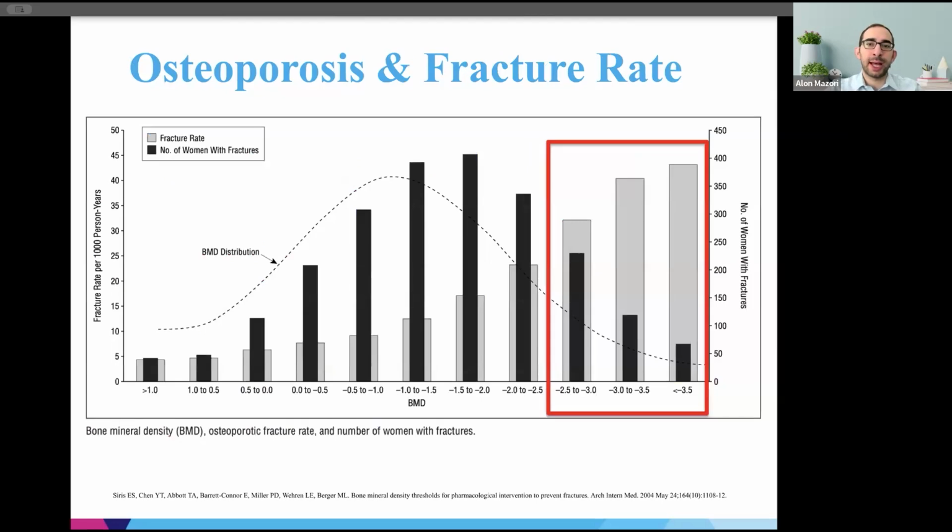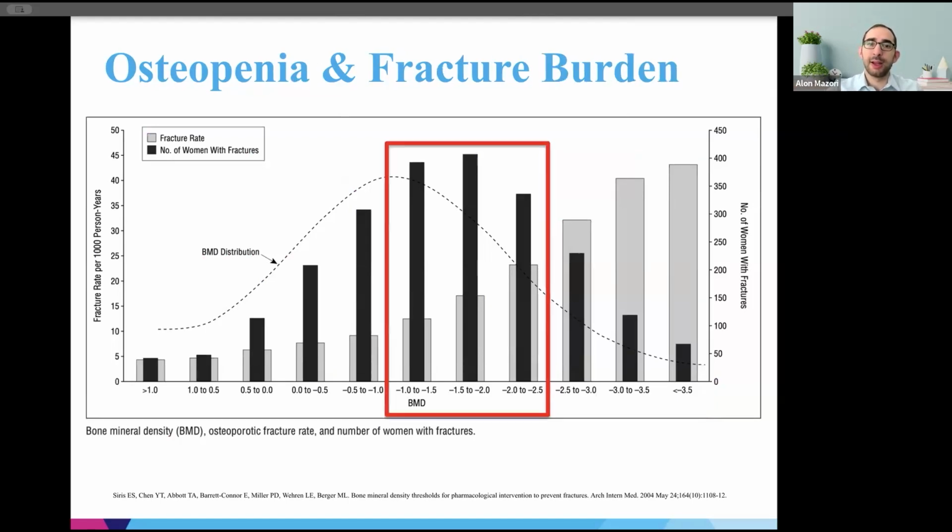If we take a look at the fracture rate or incidence, we see that it occurs the most in people with the lowest bone mineral density. Here in the box are people whose bone mineral density is minus 2.5 or worse. The gray bars indicate the fracture rate or incidence, and it is highest in osteoporosis.